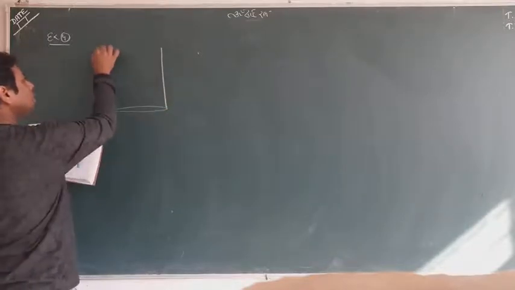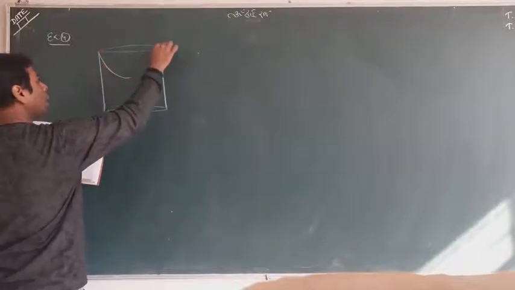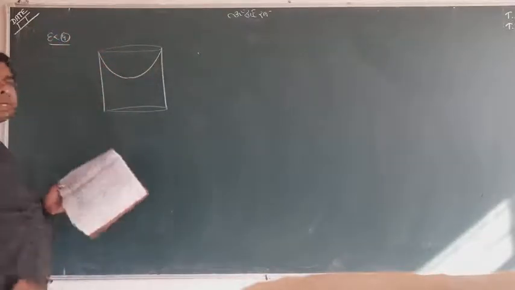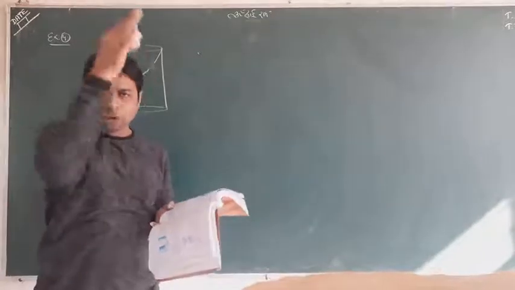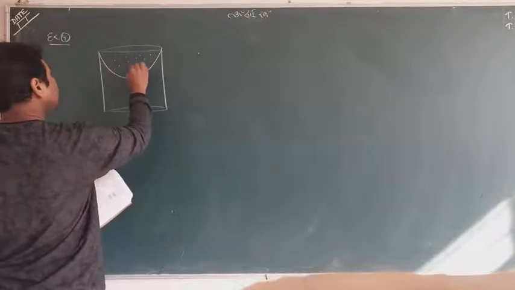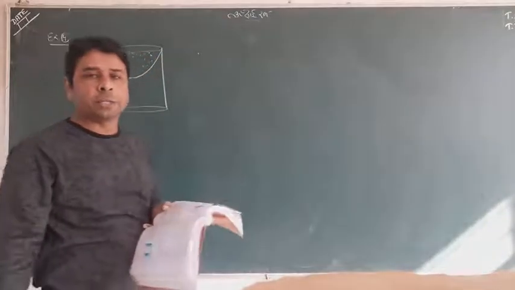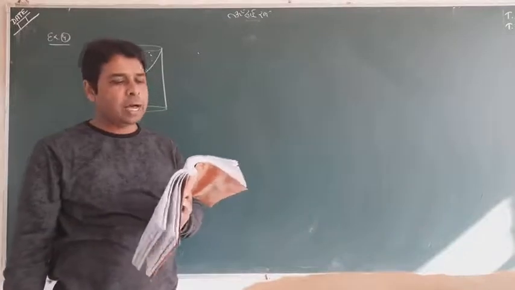This is a cylinder, but with a hemispherical depression at the top, so that the water is here. That's why it is called a bird bath for his garden. What is given?